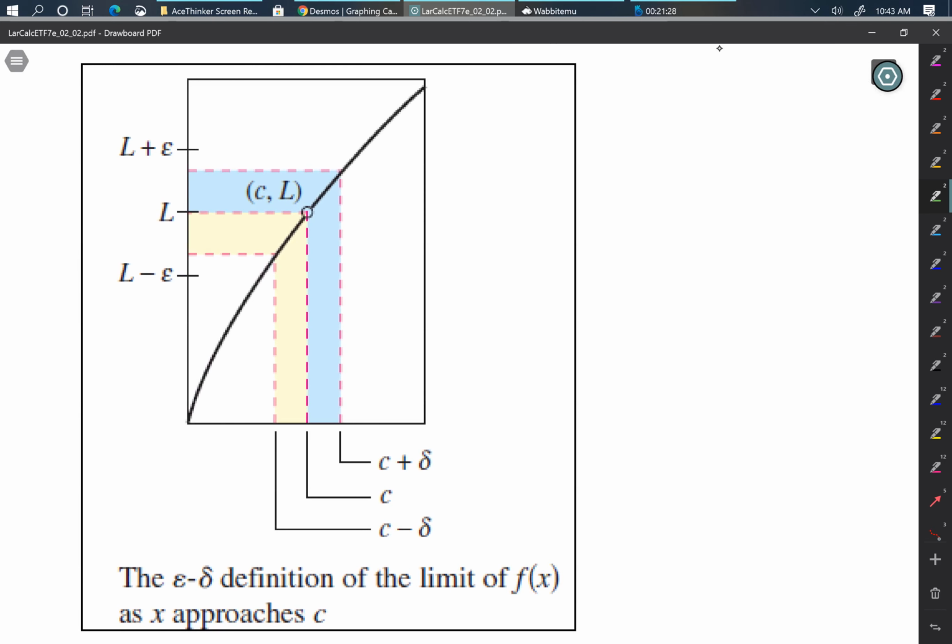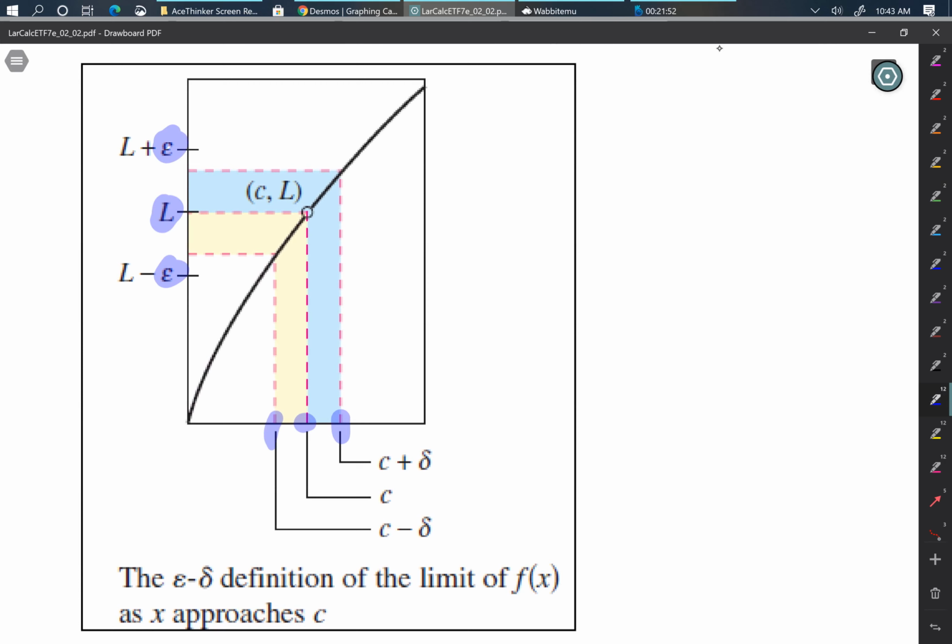that you have a limit of L if for any little interval around L, you can find an interval around c that'll stay inside of that.